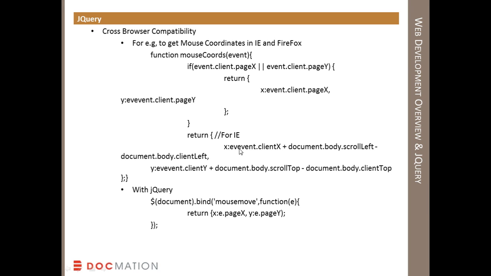The same thing in IE is slightly different. You would say event.clientx and event.clienty in order to get the top and the left positions of wherever your current mouse is.